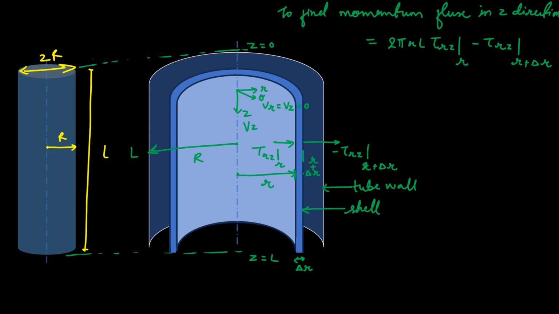Why is shear stress in the z direction not considered? Because the momentum flux in the z direction, that is tau z at z equals 0 and tau z at z equals L, cancel each other because of no end effect.